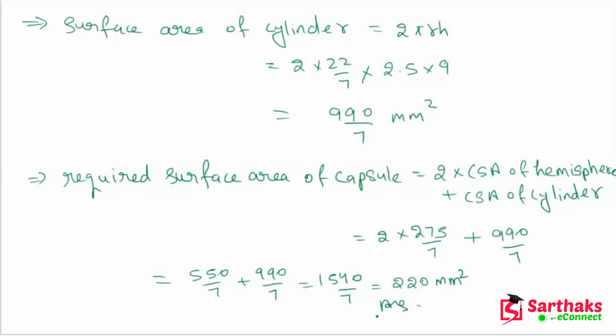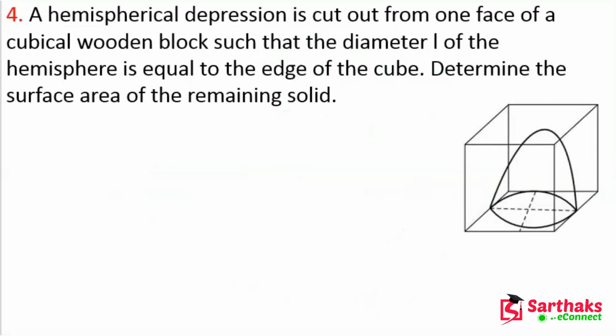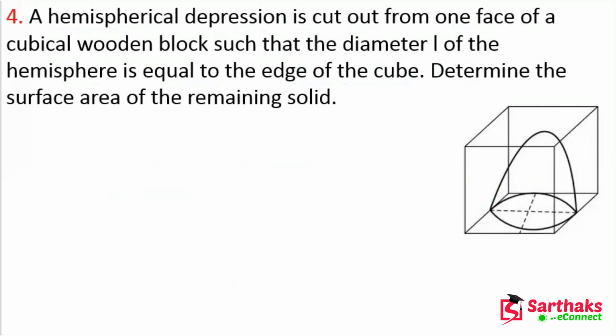Now let's move to the next question. Question number 4 is: a hemispherical depression is cut out from one face of a cubical wooden block such that the diameter l of the hemisphere is equal to the edge of the cube.